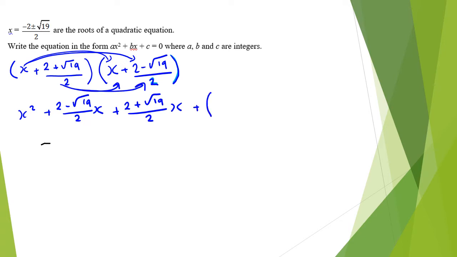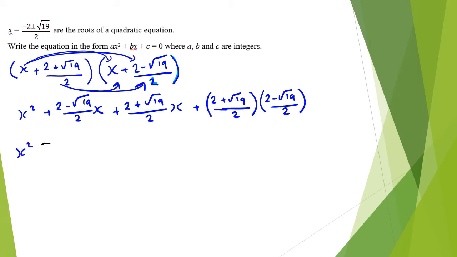I'll just leave it in brackets for now, and then simplify.